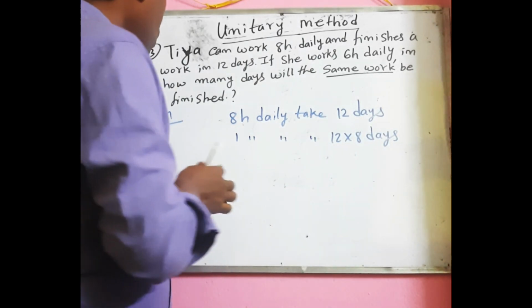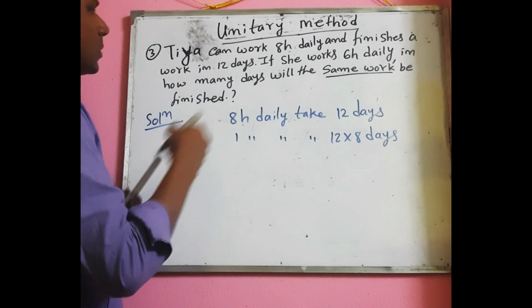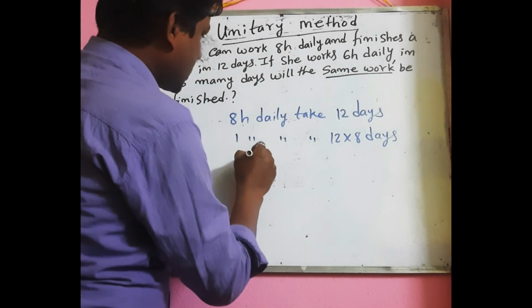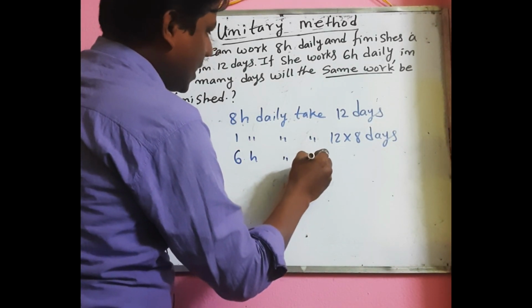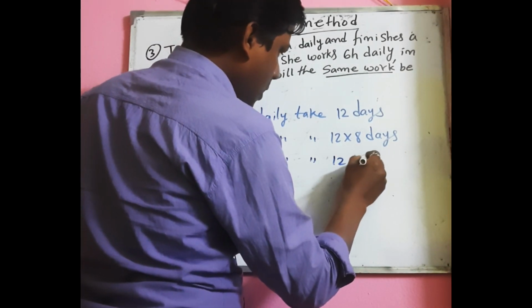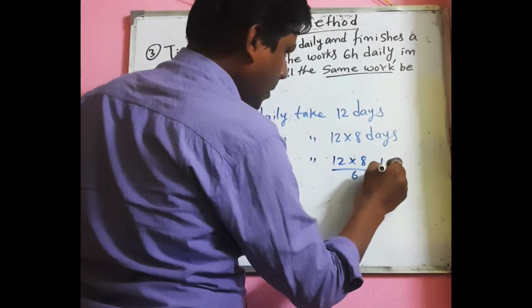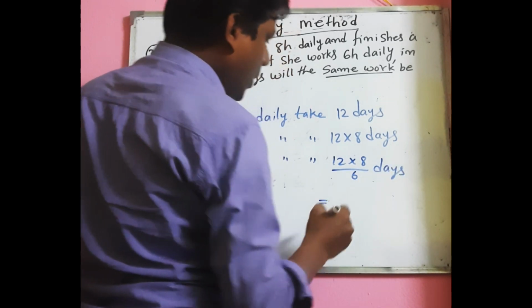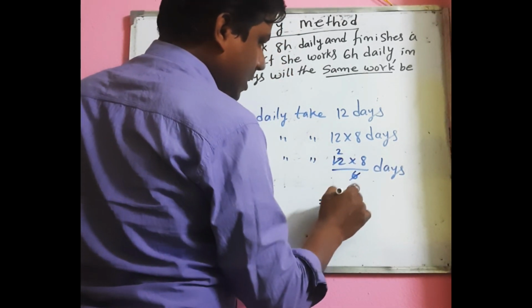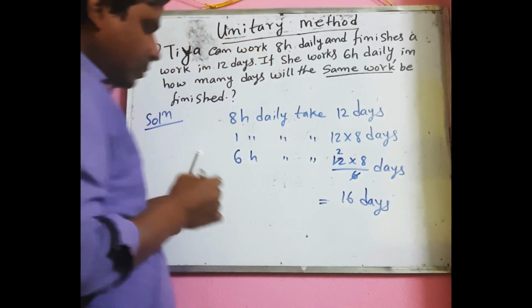Okay, now we move to the next part, that is if she works 6 hours daily, then this many days to finish the same work. After calculating we get 16 days.